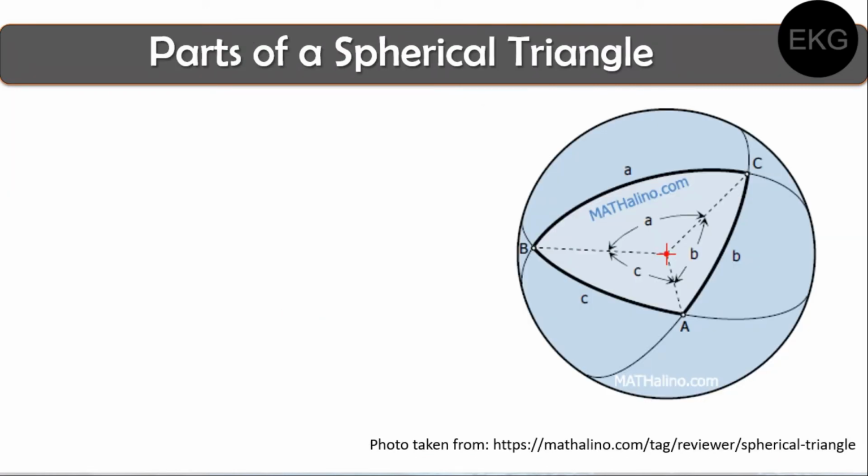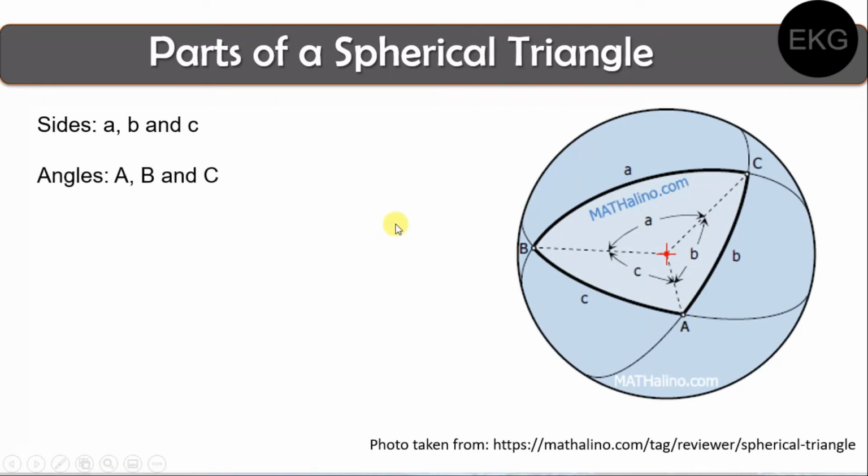Okay. Now that we have learned what are spherical triangles, okay, what is a spherical segment and what is the great circle, let's go to the parts of a spherical triangle. What are the various parts of this particular triangle? Okay, yung pinakita natin kanina. So una, itong triangle na to also have sides represented by these small letters A, B, and C. Kung titingnan natin dito sa drawing, this one, ito, at ito, okay, these are the sides of our spherical triangle.